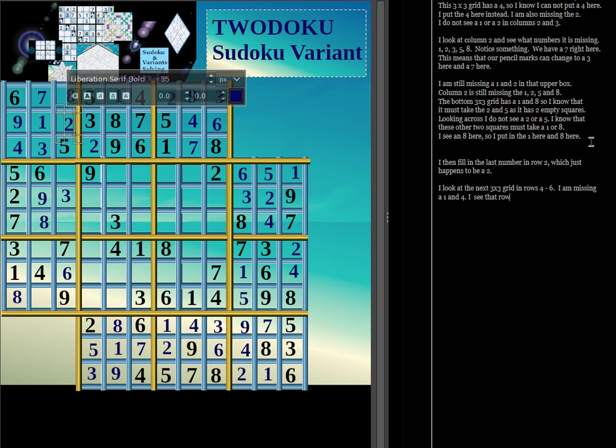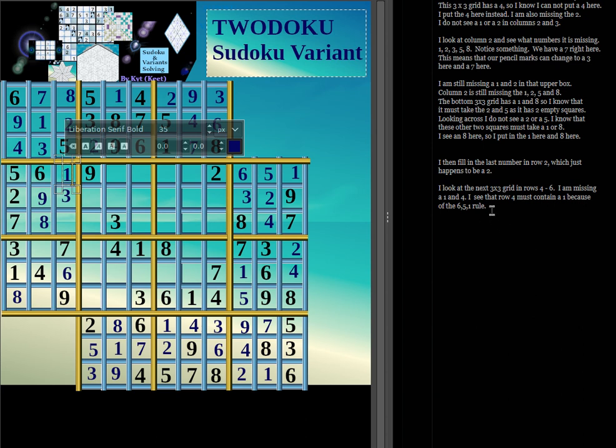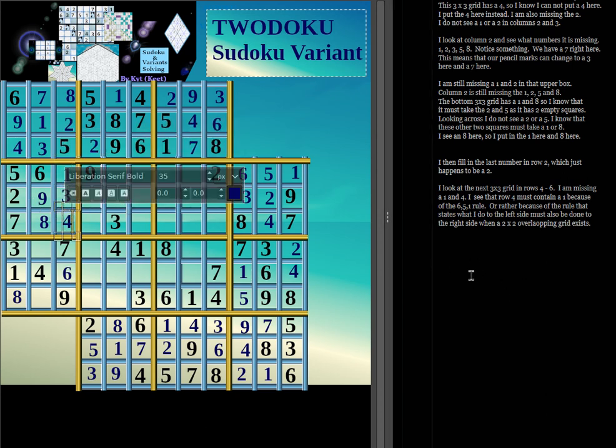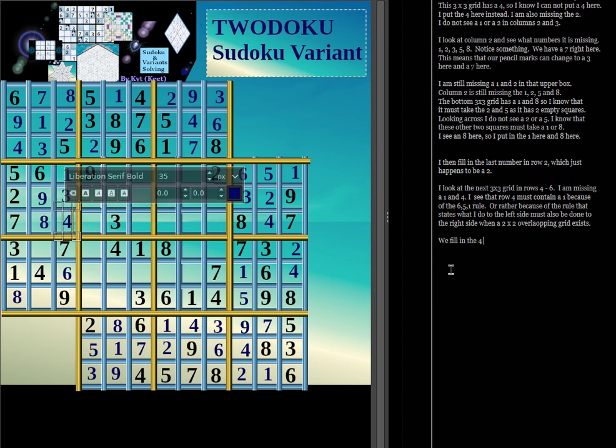I see that row 4 must contain a 1, because of the 6-5-1 rule, or rather because of the rule that states what I do to the left side must also be done to the right side when a 2 by 2 overlapping grid exists. We fill in the 4 also and move on.